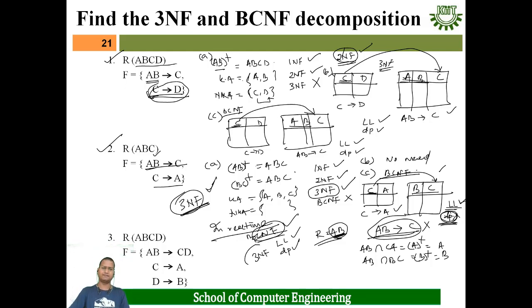That's why in real time 3NF is preferred. A relation that is not in 3NF can be converted into a lossless, dependency preserving 3NF decomposition. A relation that is not in BCNF can only be converted into a lossless BCNF decomposition. The dependency preservation may not be guaranteed in case of BCNF. That's why in real time, 3NF is the most preferred one.